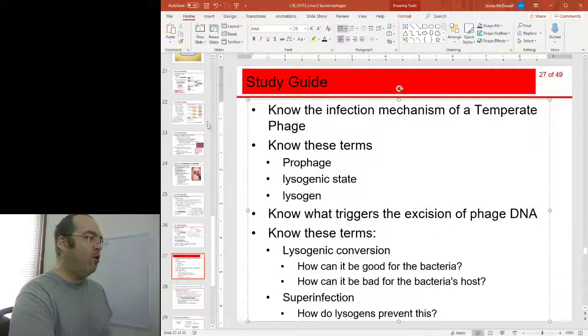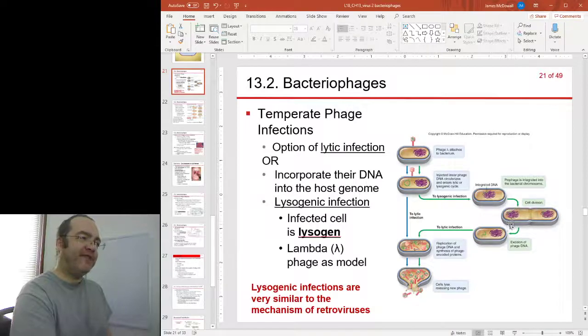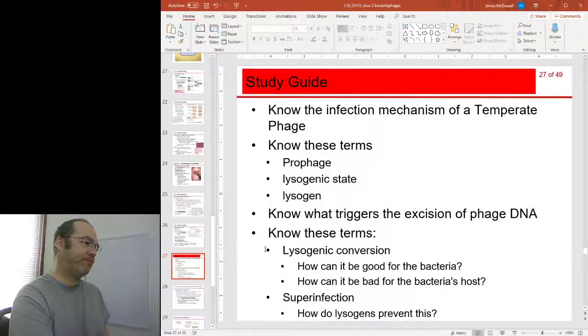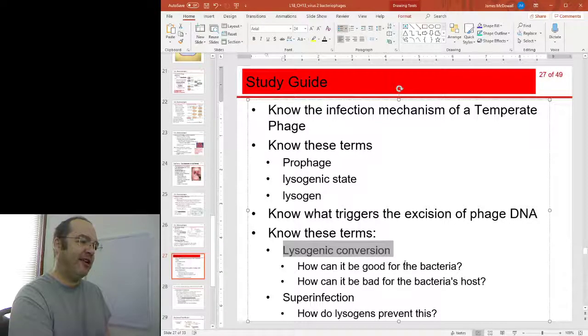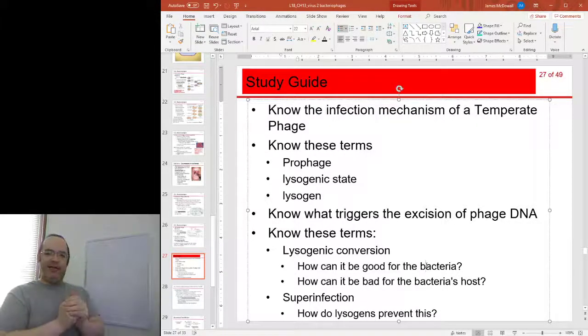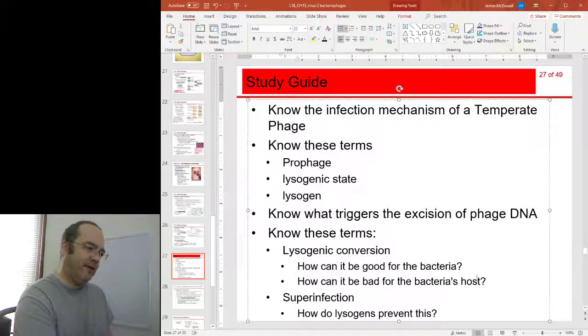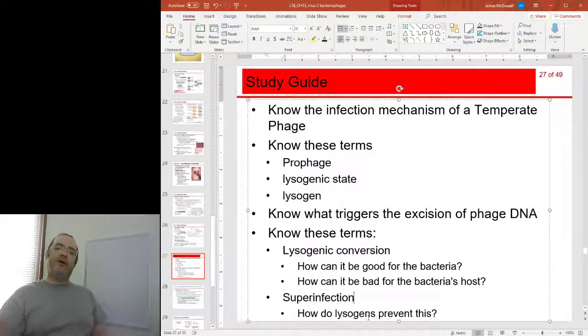I guess know what's in it for the phage just sitting there in the bacteria's DNA. Know what the term lysogenic conversion means. This is when the bacteria is altered by the genes that were inserted from the phage. It can be good for the bacteria, can be very bad for the host. Superinfection, i.e. the subsequent infection of the cell by another phage. Know how a lysogen prevents this.